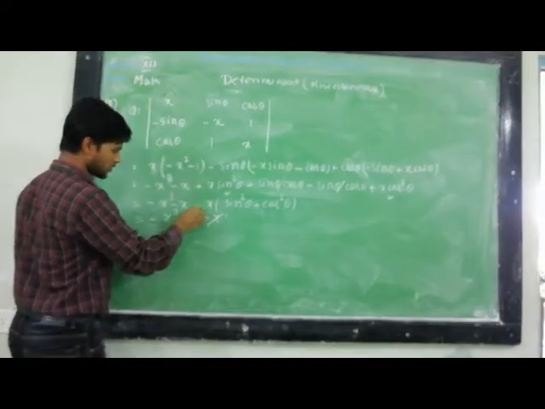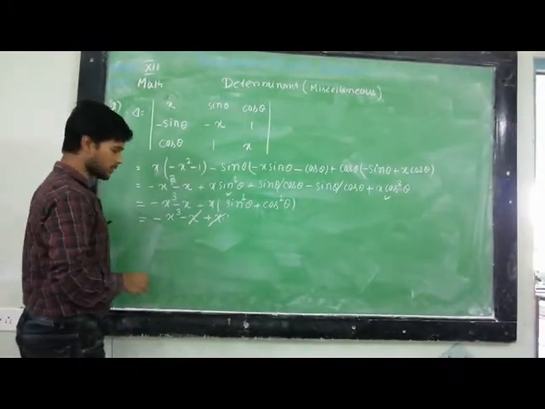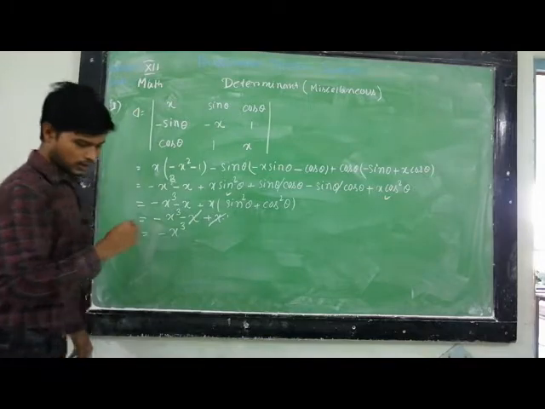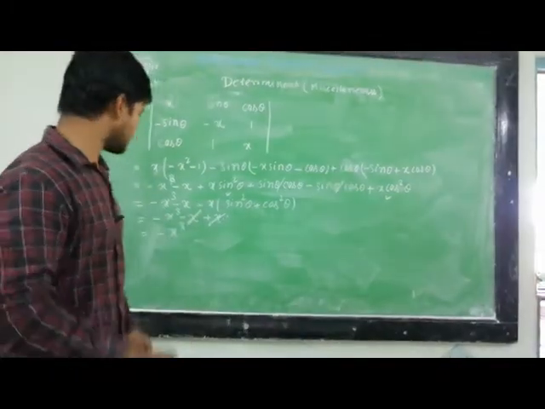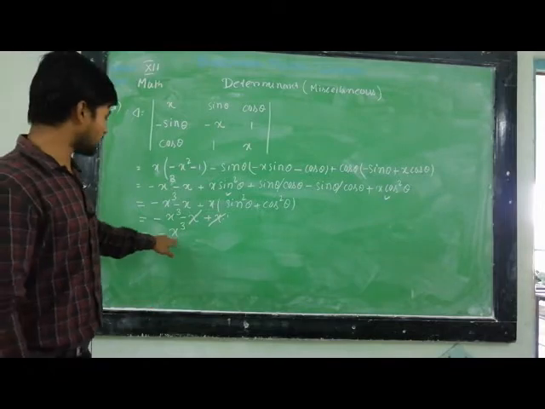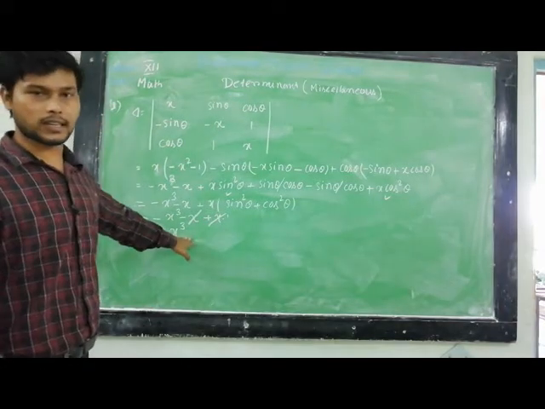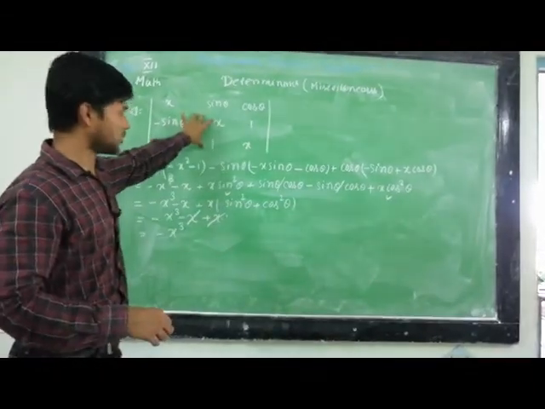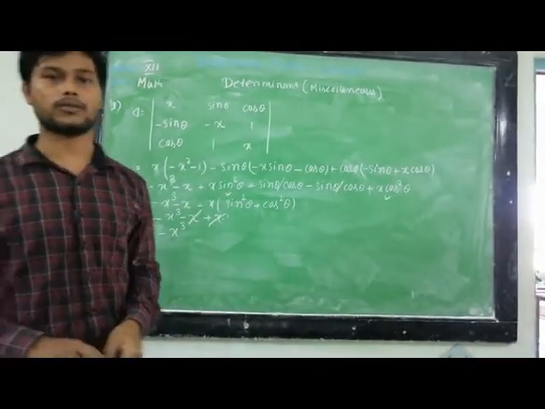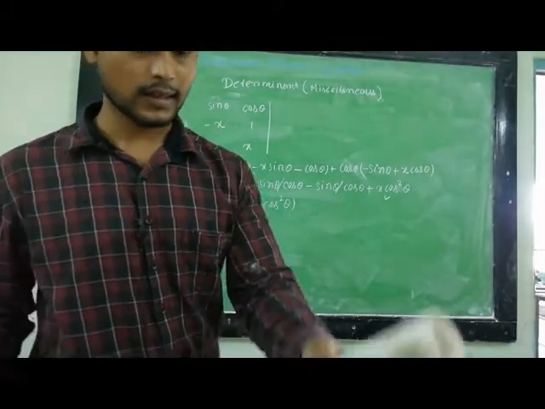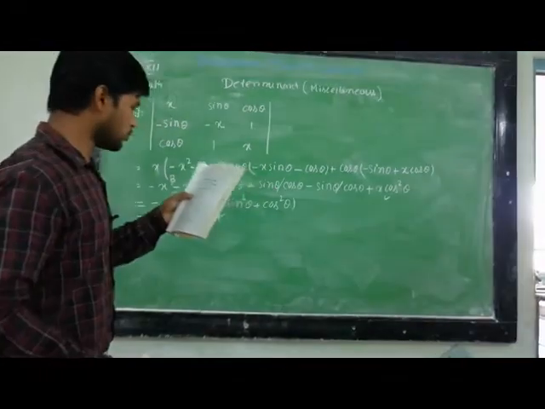So this x and this minus x will cancel each other. So the answer is x cube. From the answer you can easily verify that the result does not contain any term containing theta. That means the value of the determinant is independent of theta and hence proved. Okay, so let's move to the next question.